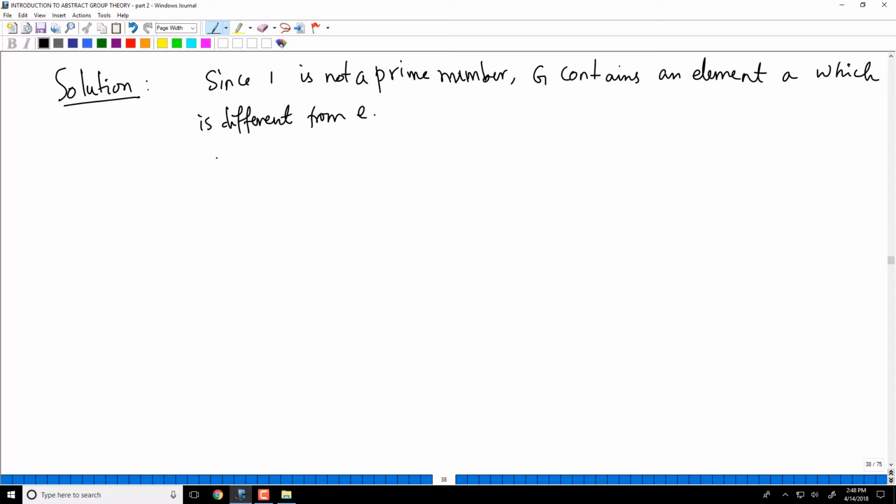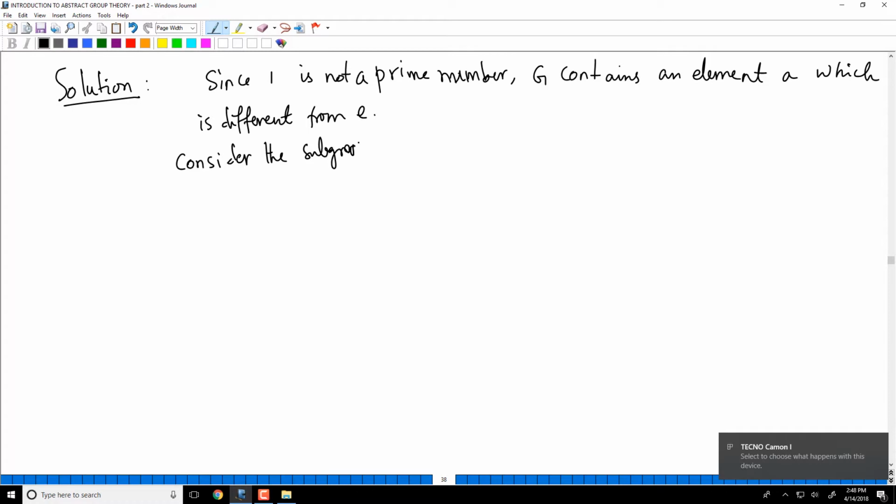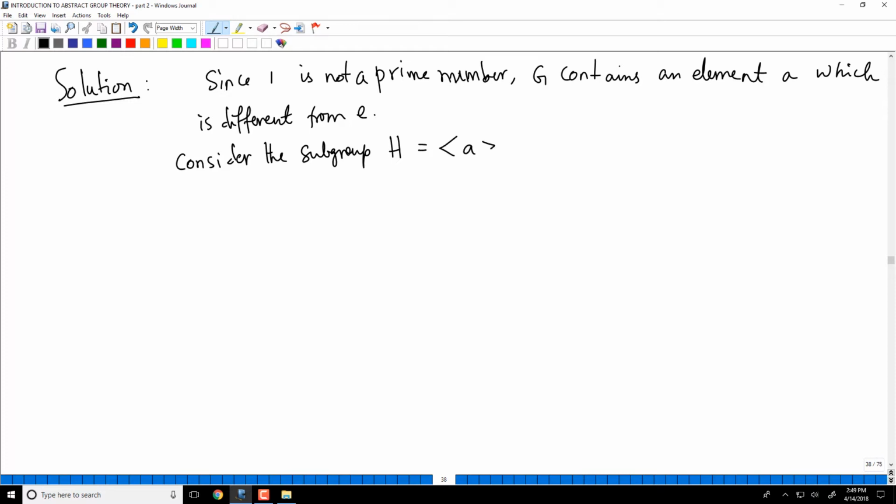So now consider the subgroup H generated by A. So remember, H is all elements of this form: E, A, A squared, and so on.